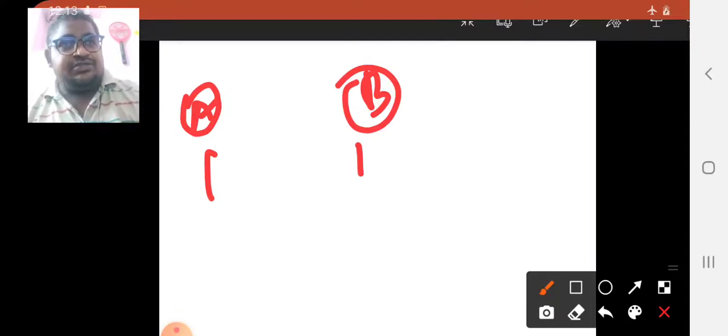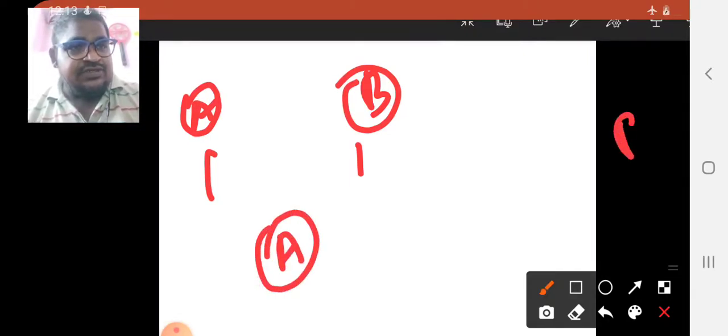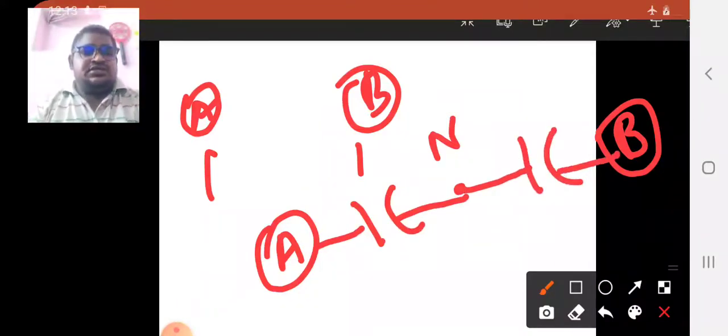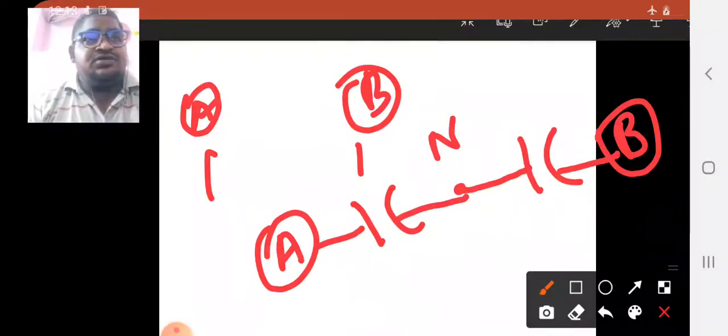If the two conductors are like this, A and B, and I have the neutral point N between these two, this is one capacitance and here is another capacitance. That is capacitance to neutral.